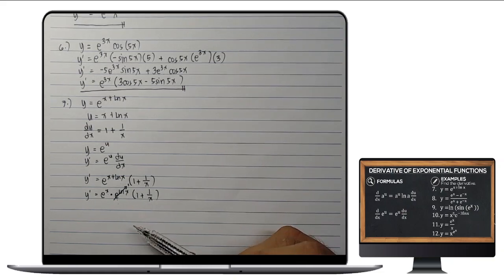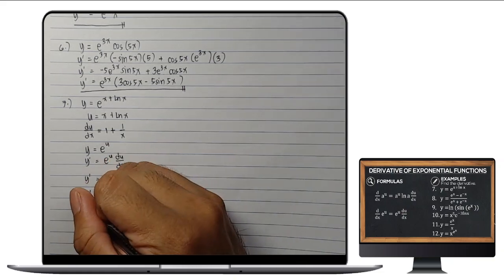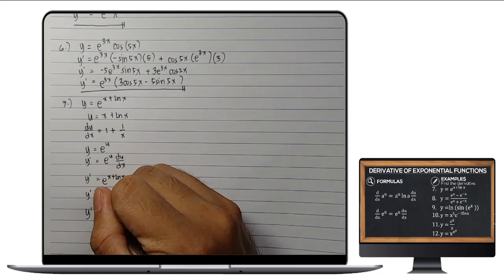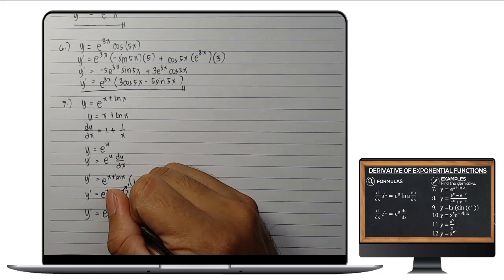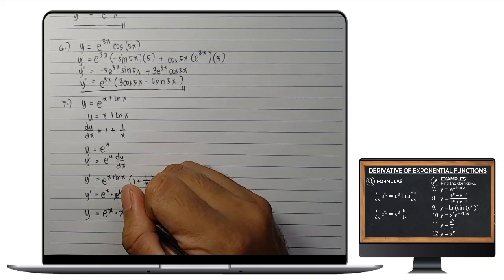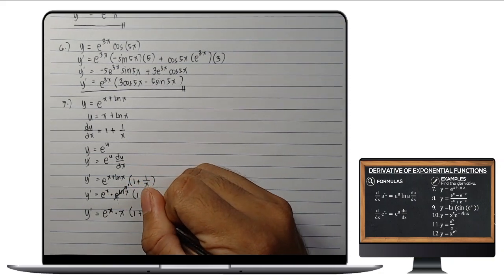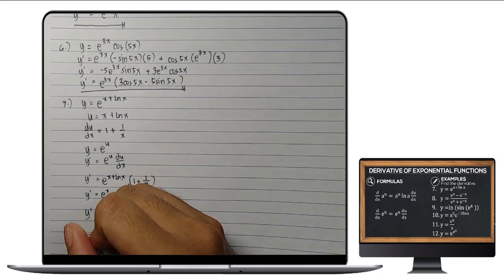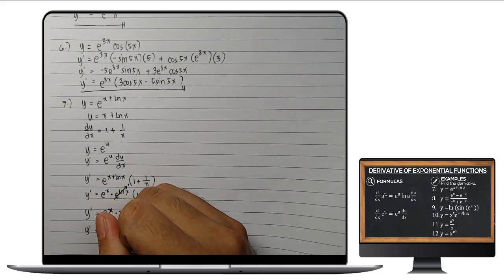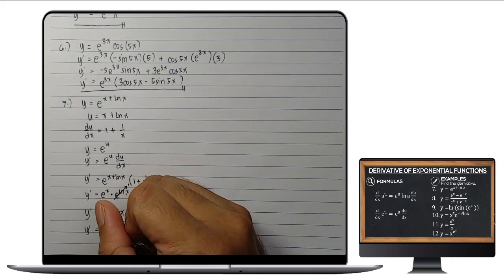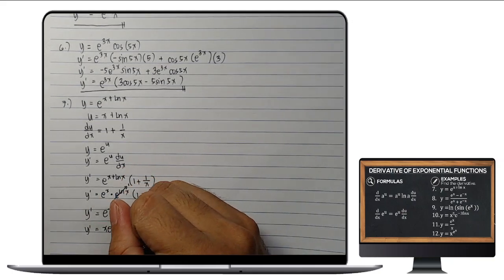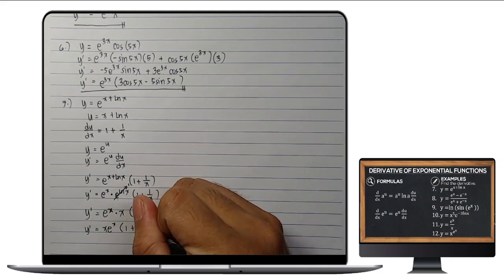So you can cancel that out. Hence, you can write e raised to ln of x simply as x, multiplied by 1 plus 1 over x. Simplifying, y prime is equal to x e raised to x, multiplied by 1 plus 1 over x.